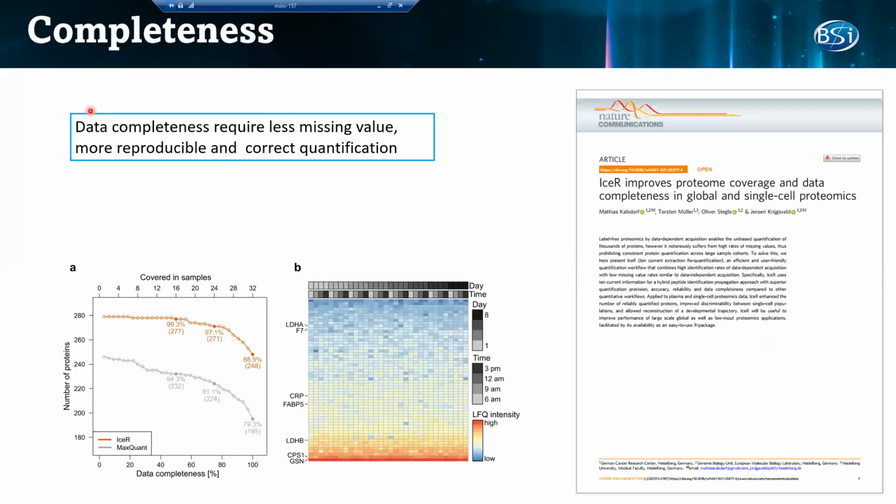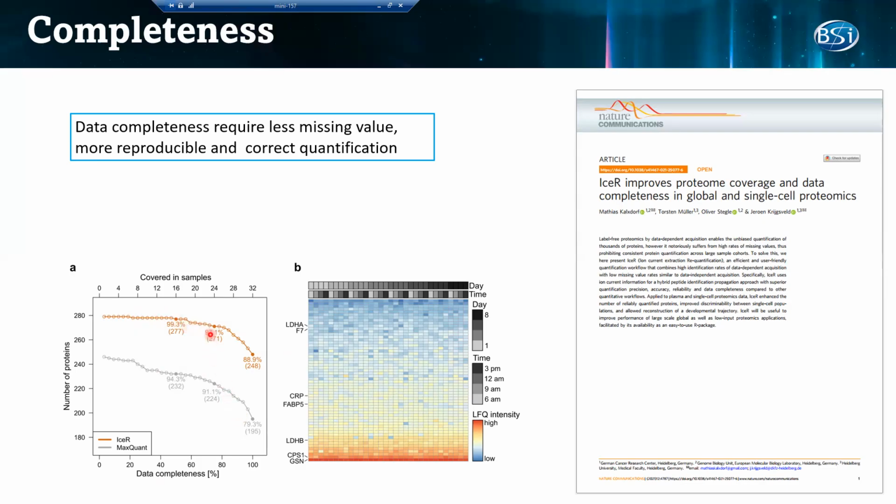And then the final step is the data completeness. I like the figure in this paper very much, so it's very easy to understand the data completeness. For one protein in one experiment, it's the ratio of how many of all the samples it is found in.